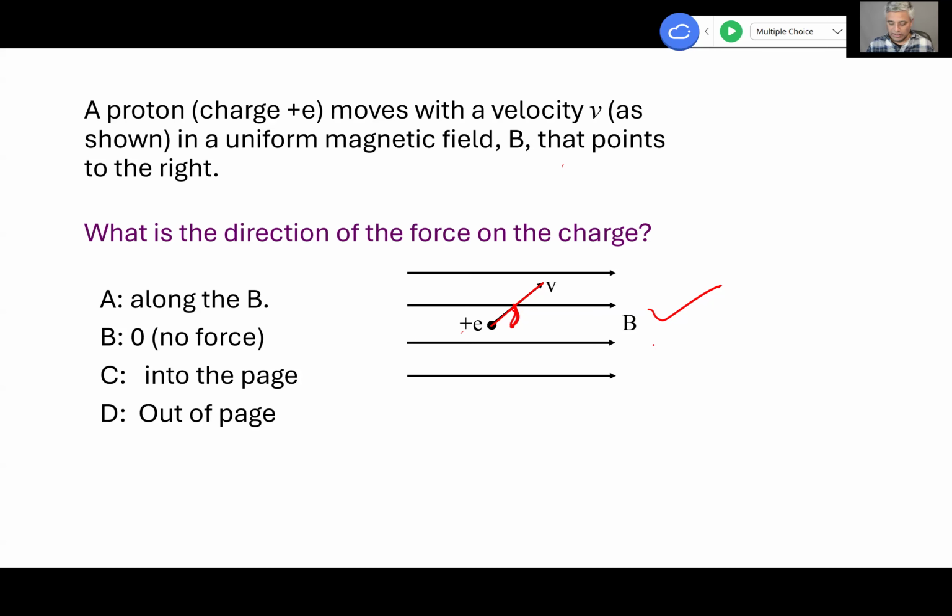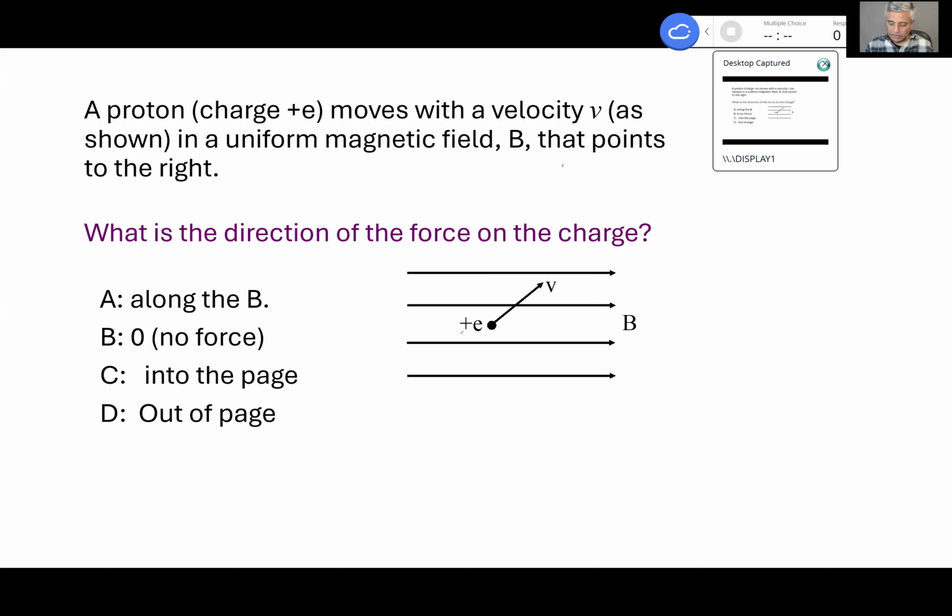So this is on the screen. B is right along the page. Now with that, I'll open the poll, and you have a minute and 30 seconds.